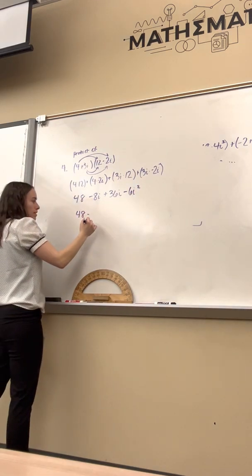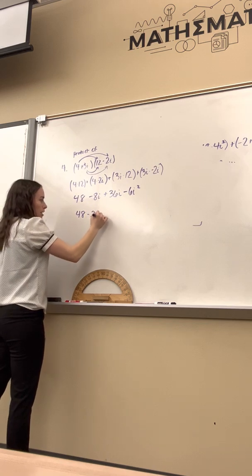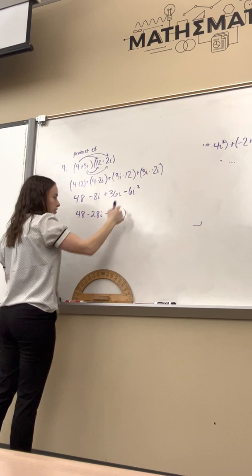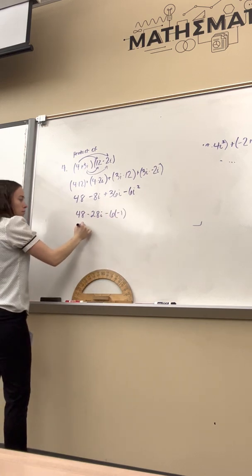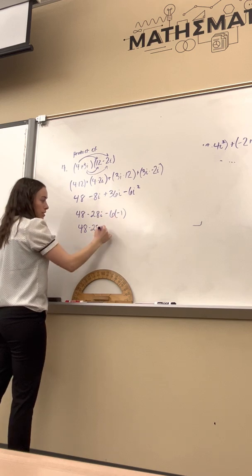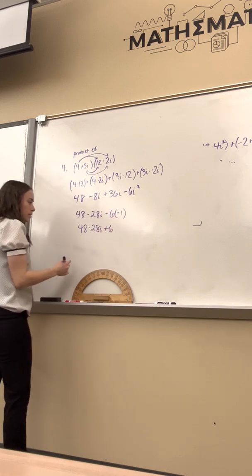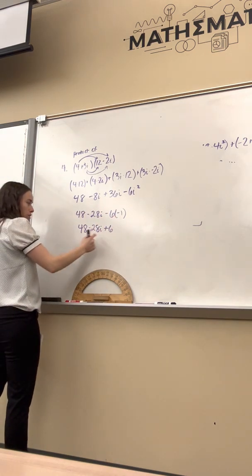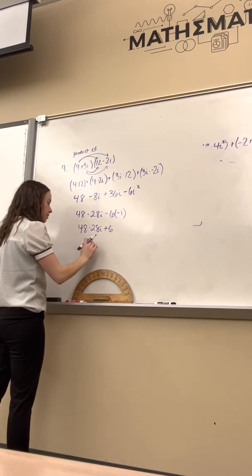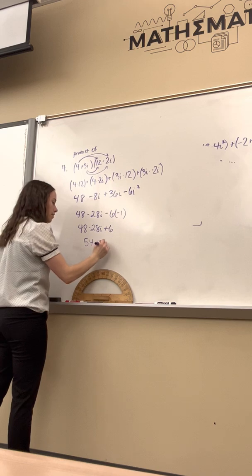So simplifying this down, we get 48 plus 28i minus 6 times the negative 1, because i squared is negative 1. 48 plus 28i, negative 6 times negative 1, we get plus 6. And now we're just combining our last like terms. 48 plus 6 is 54, plus 28i.